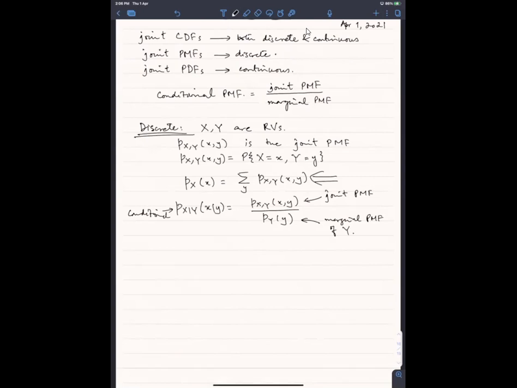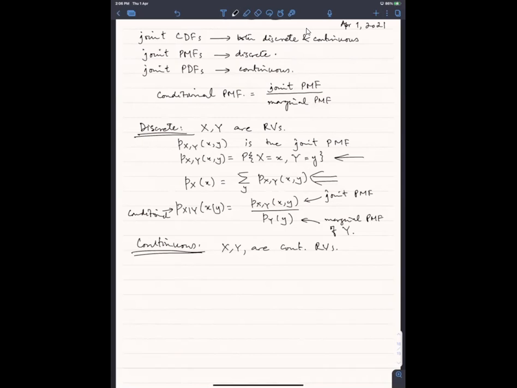For the continuous case, we similarly defined X and Y as continuous random variables. In that case, the joint PDF is not defined in as elegant a way as this.